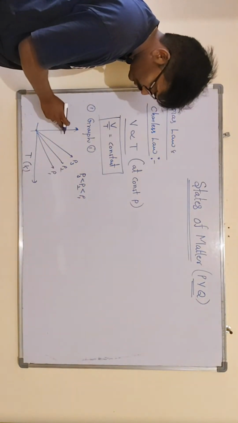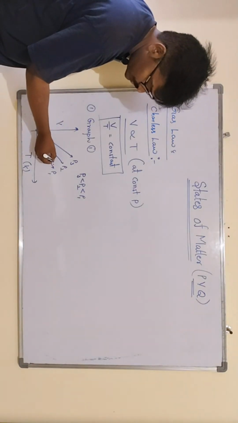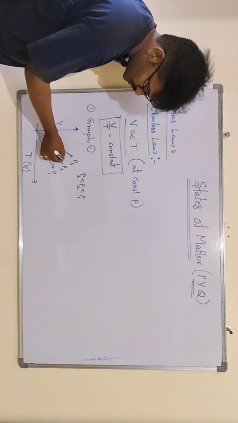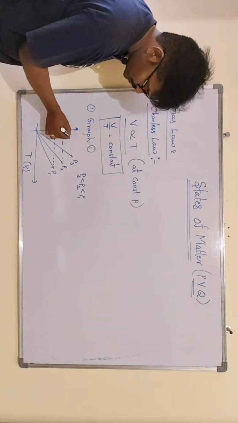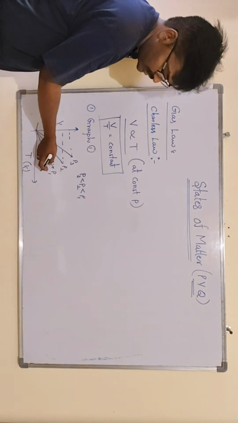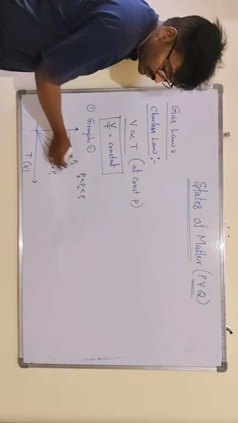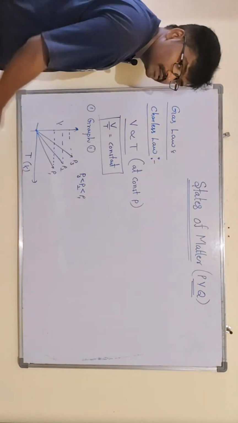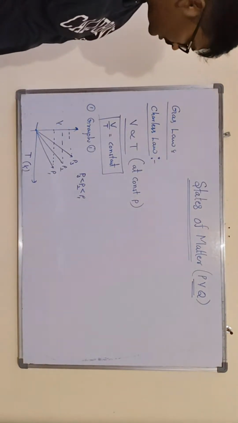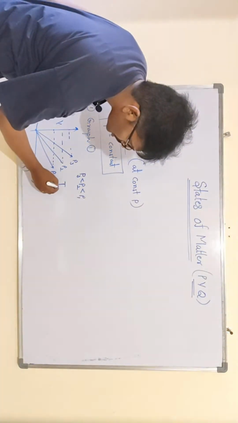Volume increases as pressure decreases; if you observe, the volume is increasing. So P1 is greater than P2, which is greater than P3. P3 is very less. Clear, all of you? These lines we call isobars.